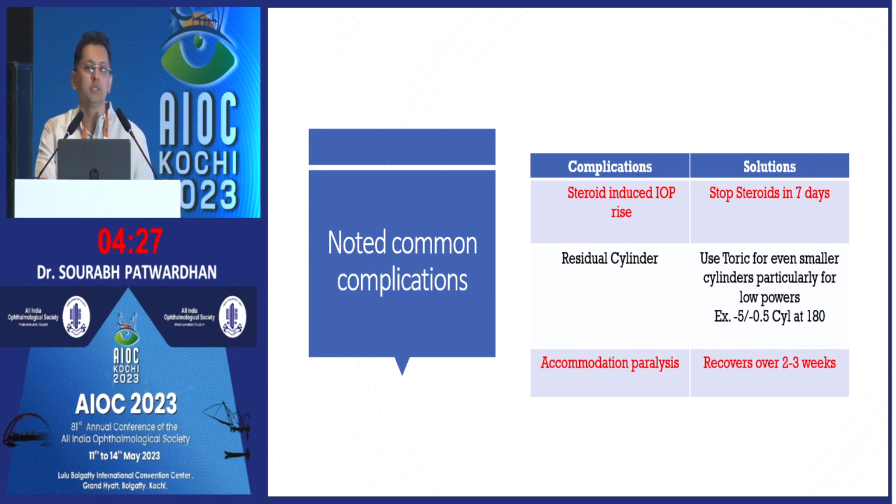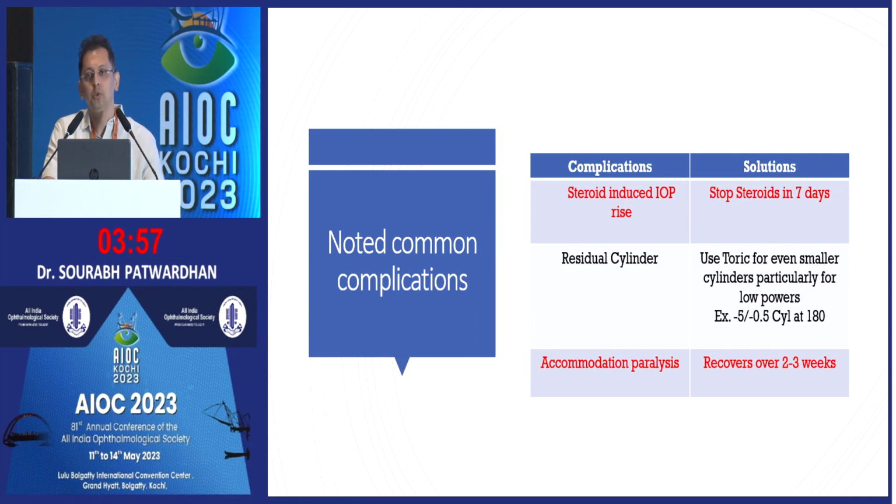Another thing, because many times companies say that if you have, say, a small cylinder, say minus 0.5 or minus 0.75, you can neglect it and go for a spherical IPCL, because it will reduce the cost for the patient as well. But if you're dealing with smaller refractive errors, for example, a patient with very low CCT, and you have power of say minus 0.5 with minus 0.5 cylinder at 180, remember that your surgically induced astigmatism will be much higher, because the patient already has low CCT.